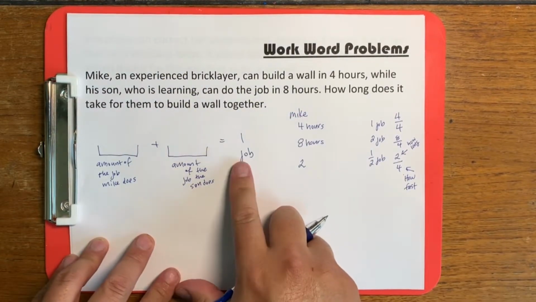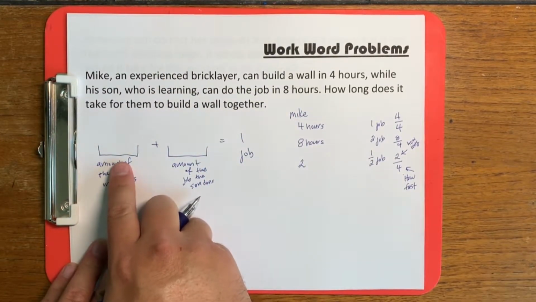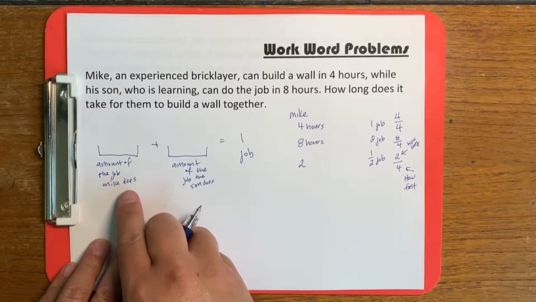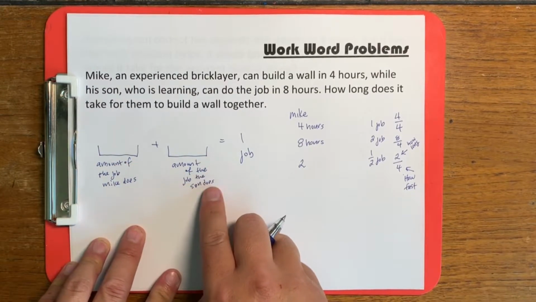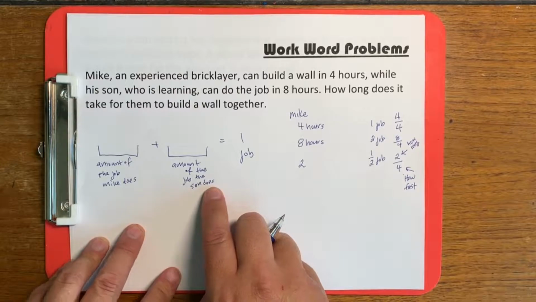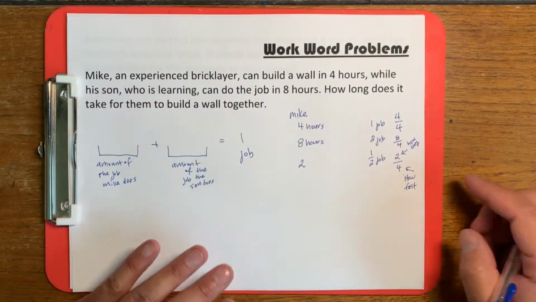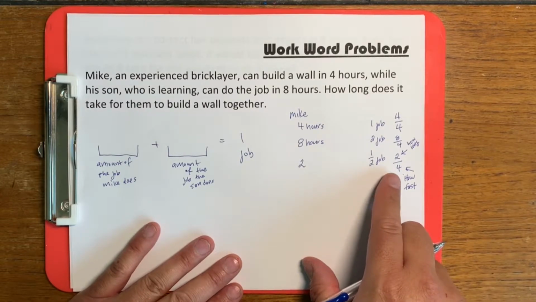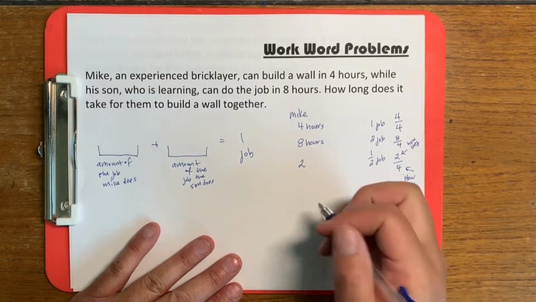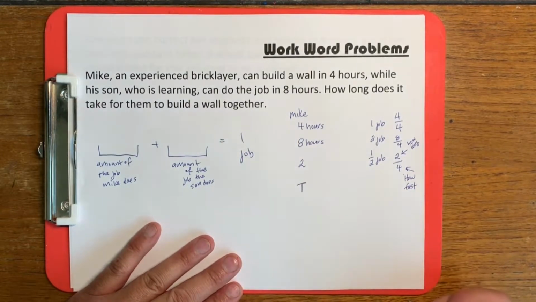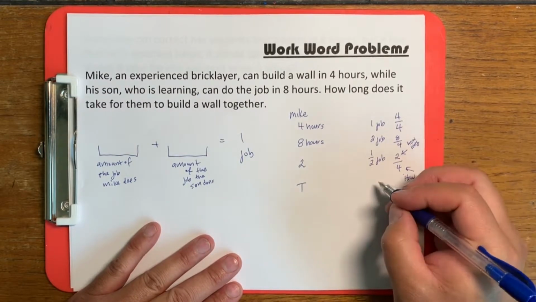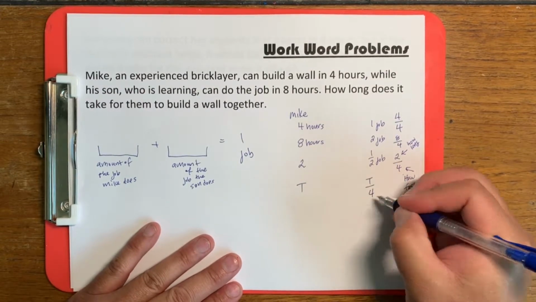They're building one wall. And I want to know what percent or what fraction of the wall Mike made, and I want to know what fraction of the job his son does. And when they both add up to 1, they finished one wall. Now we could sort of see this little pattern, that if Mike works T hours, the amount of job that he did is T divided by 4.